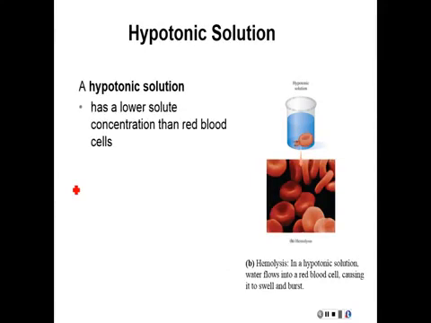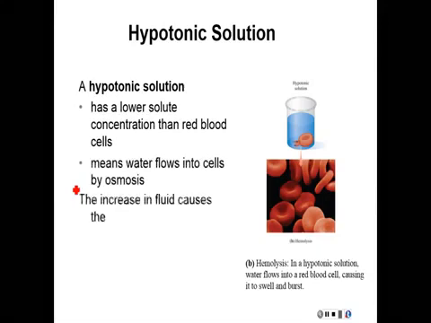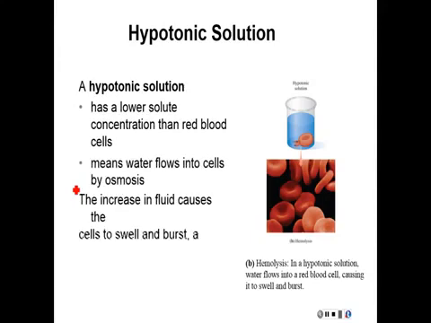You have a lower solute concentration in the red blood cells. So water flows into the cells by osmosis. The increase in fluid causes the cell to swell and burst. That's called hemolysis. So here we see the arrow, there's more water flow into the cell than out of it.